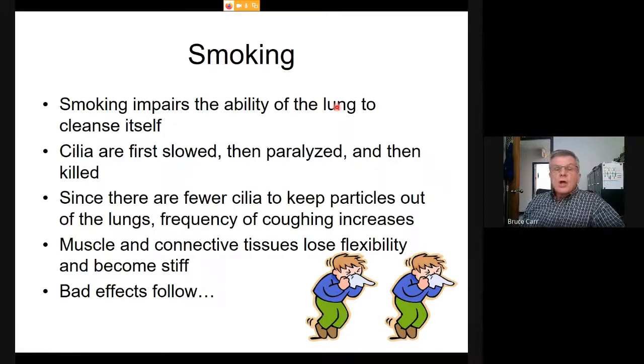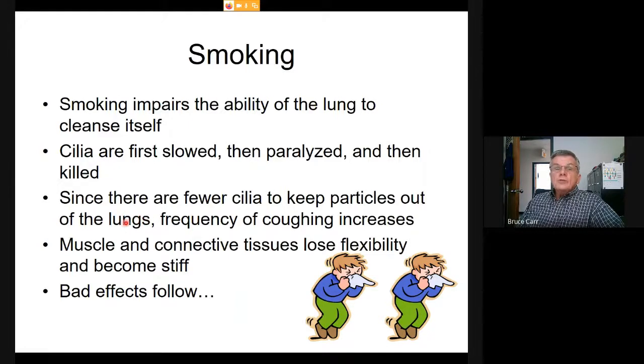So what happens throughout the respiratory system? What we see with smoking is the cilia, such as those on your mucus escalator, slow down, then they stop working, then they're killed. So the lining of your respiratory tract, especially your trachea and bronchi, are basically now lined with dead cilia.